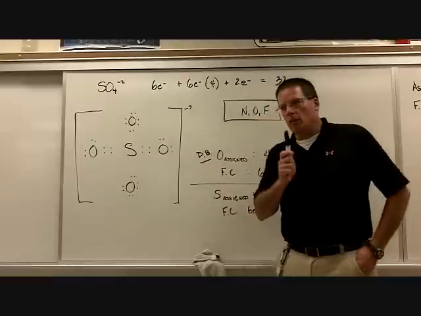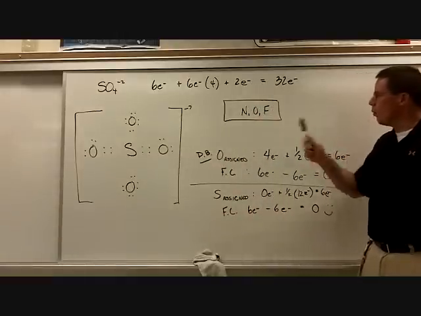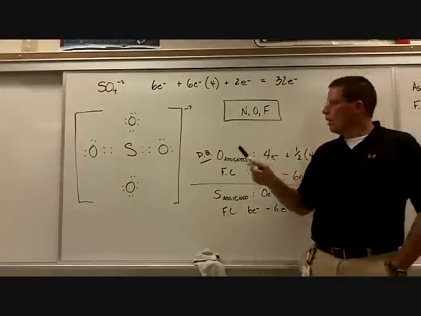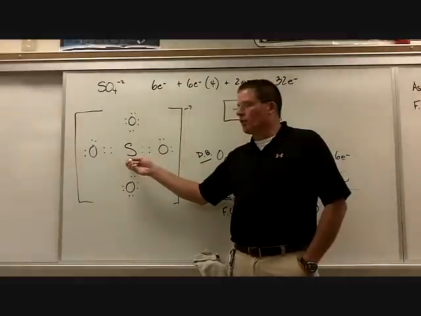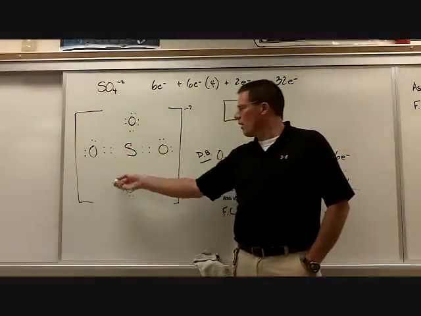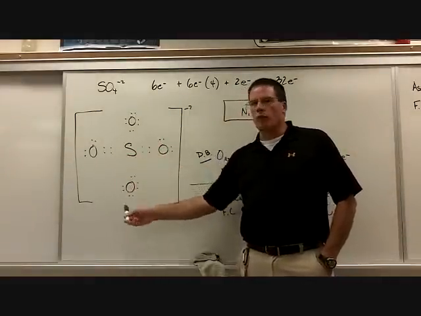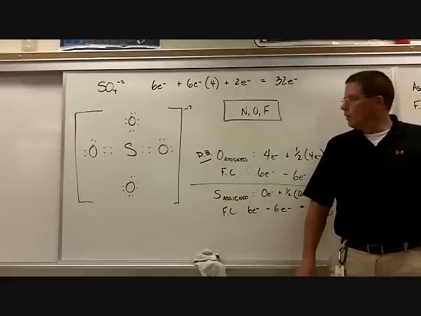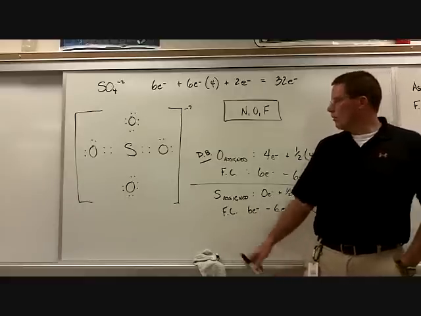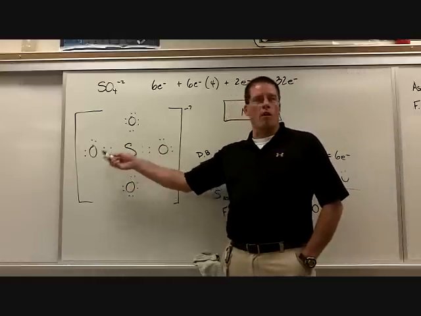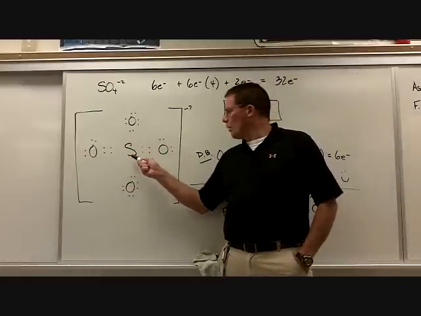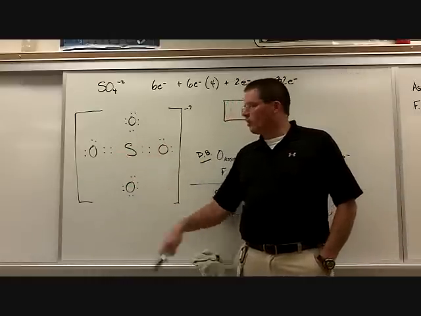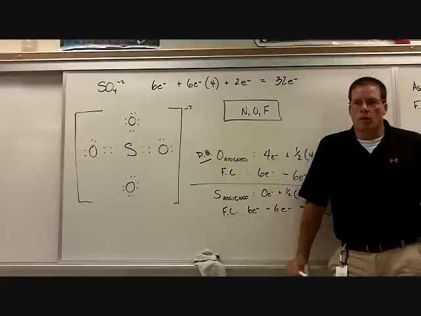Okay? Now, why would nitrogen, oxygen, or fluorine not work well as a central atom? Look at this condition right here. How many electrons does sulfur have? Or sharing, I should say. 6. That's pairs. How many? There's 12 there, right? How in the world are we able to put 12 electrons around that sulfur?